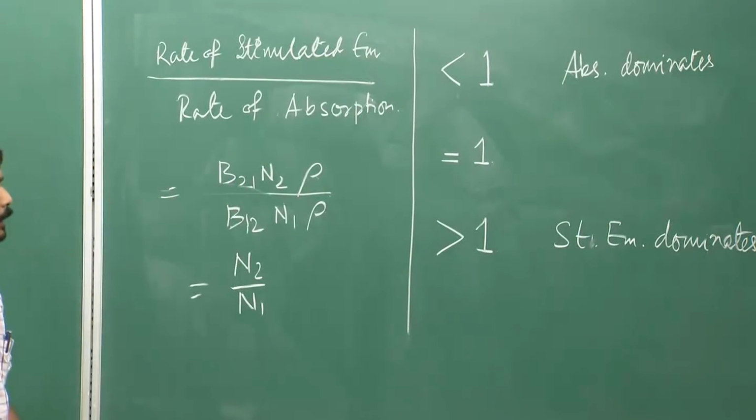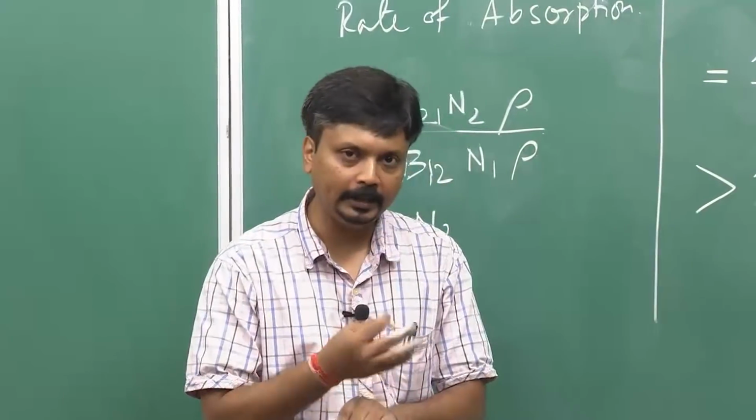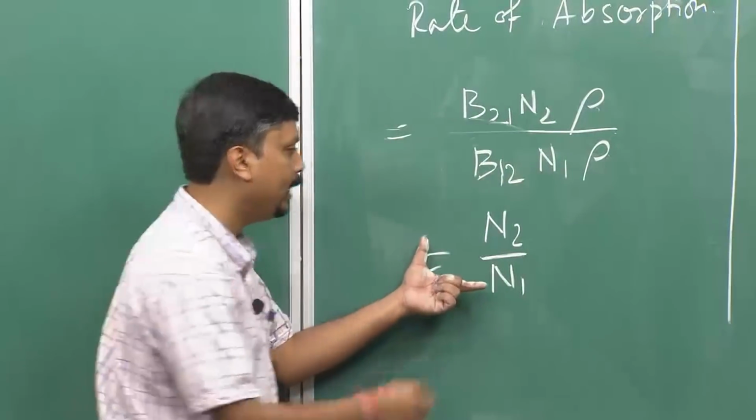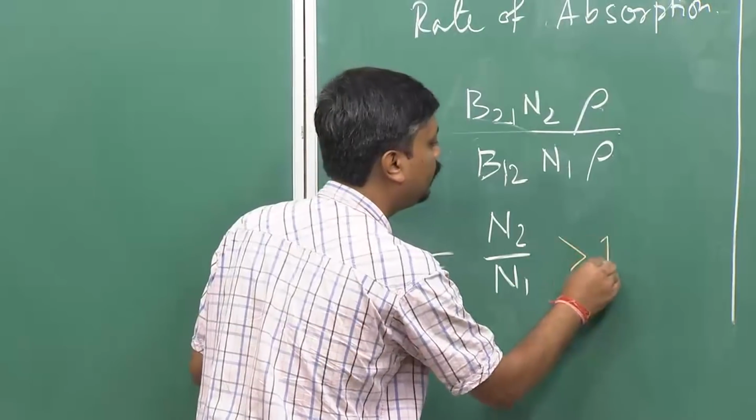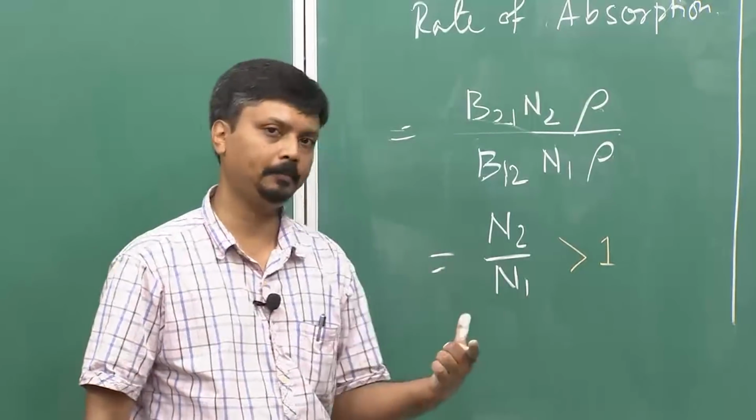So, suppose for the time being, let us assume that I can achieve this condition, that is N2 by N1 greater than 1. At this condition, what do I see?